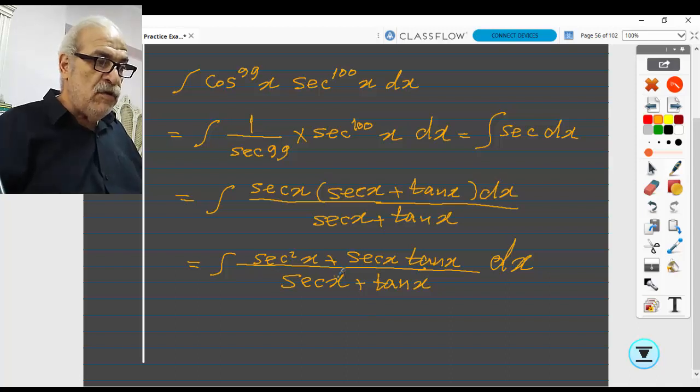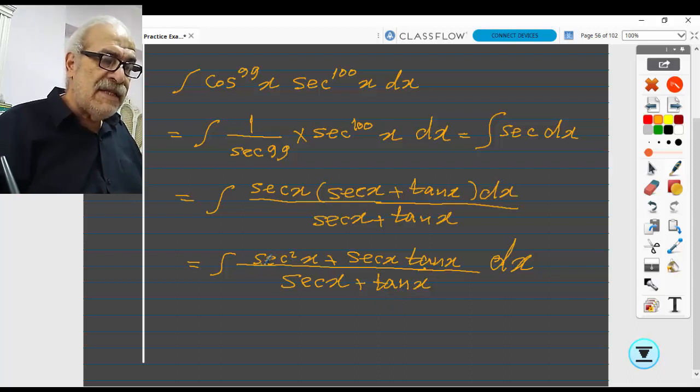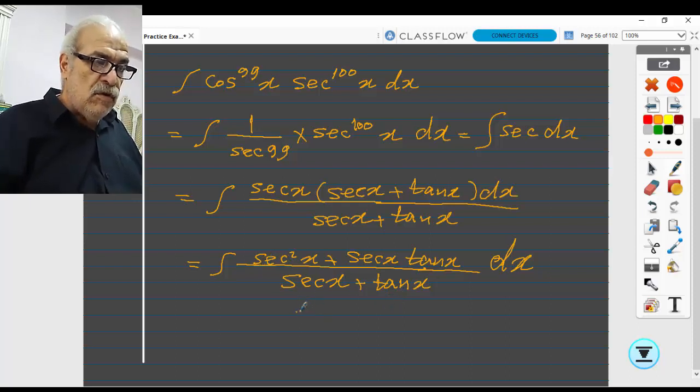Now the numerator is the derivative of the denominator. Okay, what is the derivative of sec? The derivative of sec is sec tan. What is the derivative of tan? It is sec square. So the numerator is the derivative of the denominator. This is a standard form of integration.